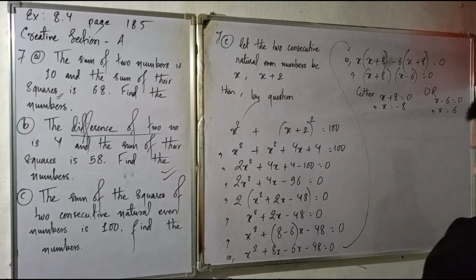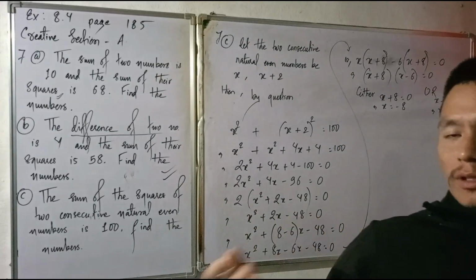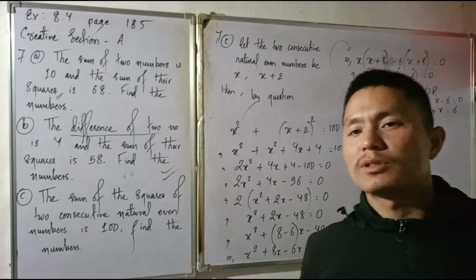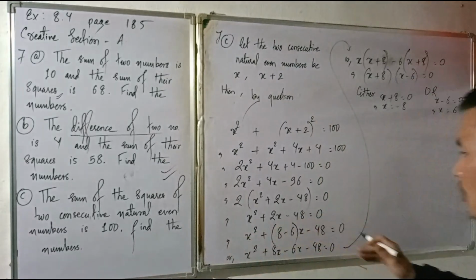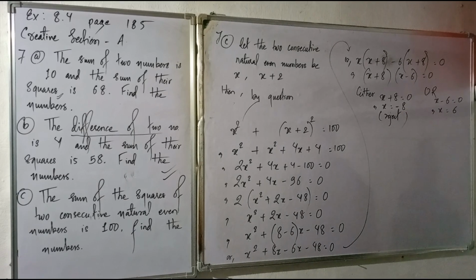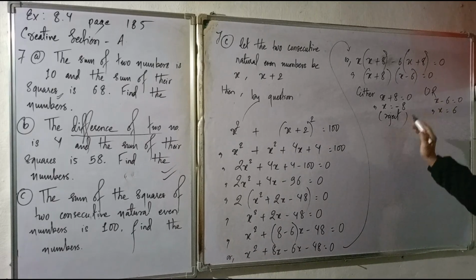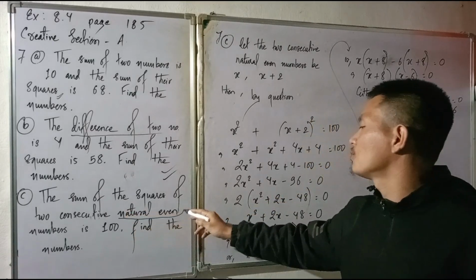So in this case also, natural even numbers: you know what natural numbers start from. If there is a negative number, you just reject it. So there are two values for x, one is negative 8 and one is positive 6. I reject the negative 8 because the question mentions natural even numbers.